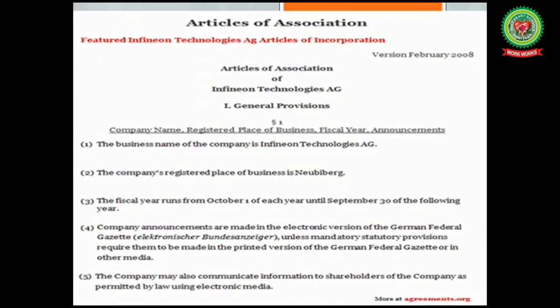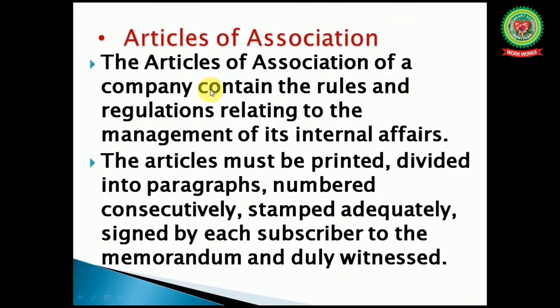So next is articles of association. This is a sample of articles of association. The articles of association of a company contain the rules and regulations relating to the management of its internal affairs. The articles must be printed, divided into paragraphs, numbered consecutively, stamped adequately, signed by each subscriber to the memorandum and duly witnessed.